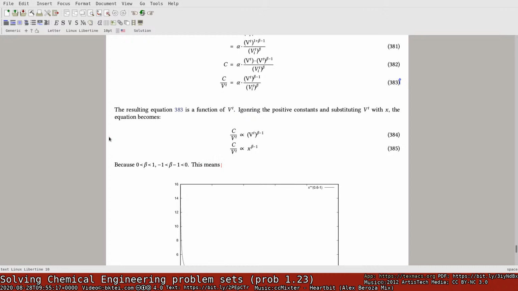This means beta minus 1 is always less than 0.